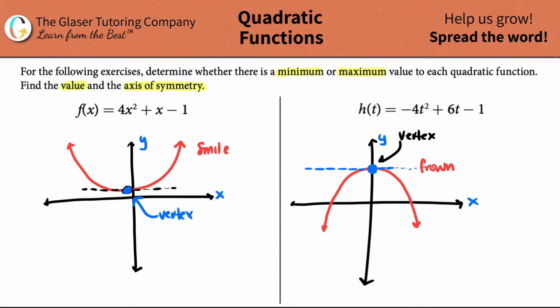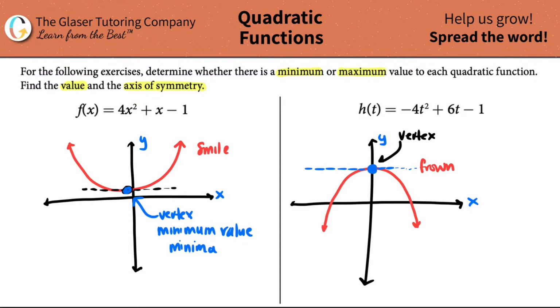Now, what would we classify them? Well, since on the smile quadratic graph it's a low point, you would actually have a minimum value. And sometimes they call it the minima. But for here they're saying minimum value or maximum value, but just know that minima and maxima are the same exact thing.